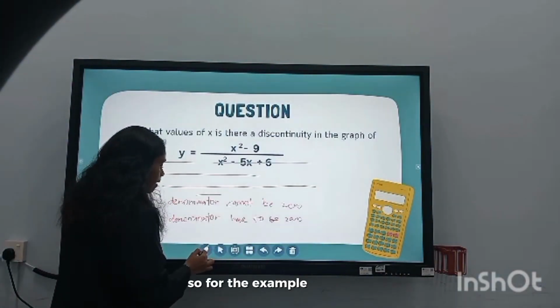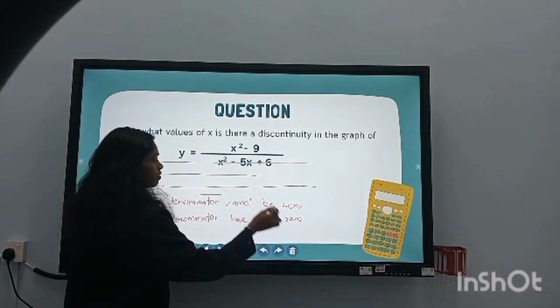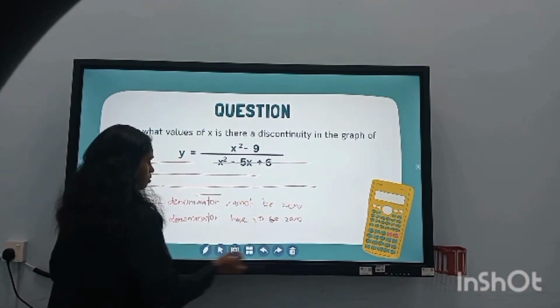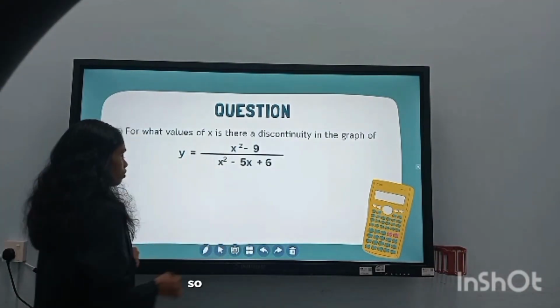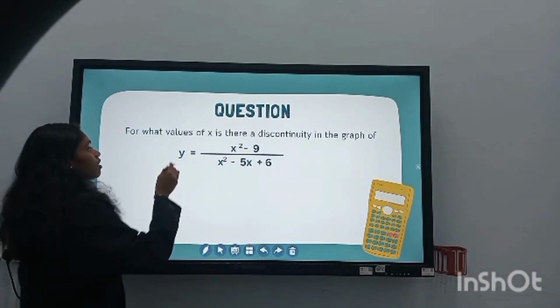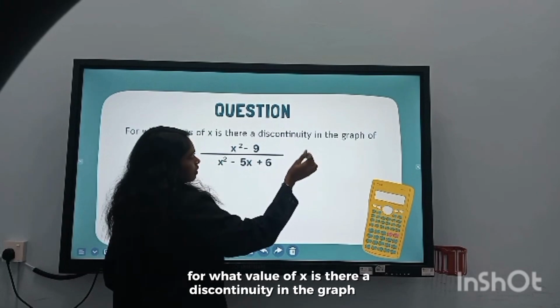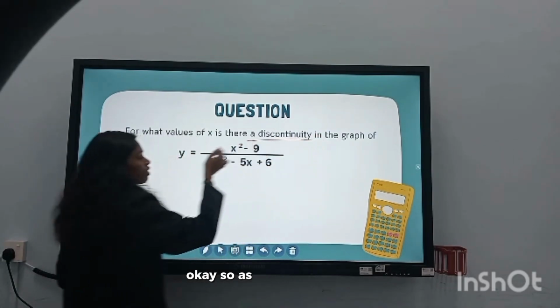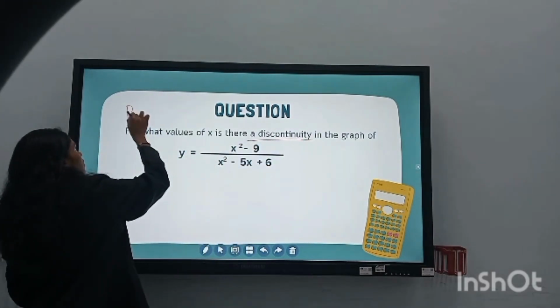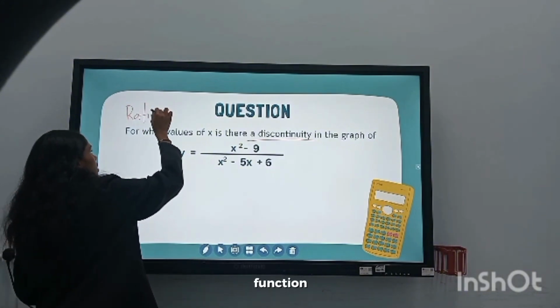For the example question: for what values of x is there a discontinuity in the graph of, okay. As you know, this is a rational function.